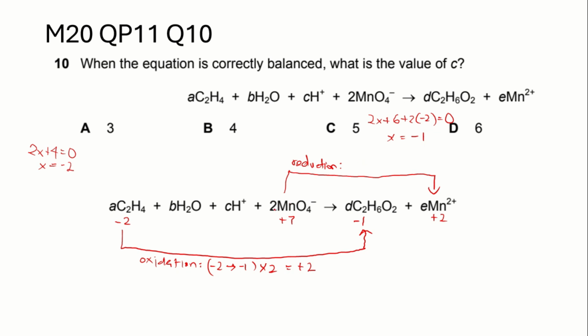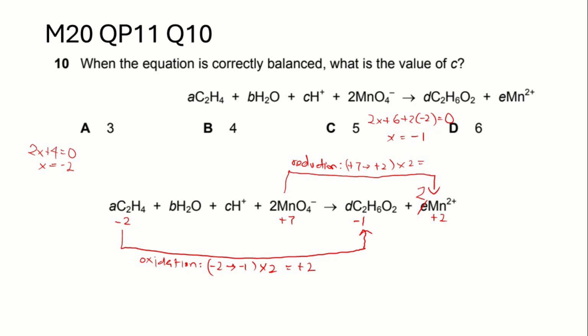In reduction, I have 2 manganese ions. That means I will get 2 manganese 2 ions for reduction of every 2 manganese 7 ions. So for 1 manganese 7 to 1 manganese 2, the change is reduced by 5. But if we have 2 manganese here, I need to multiply this change by 2.